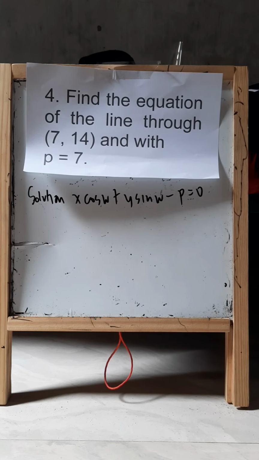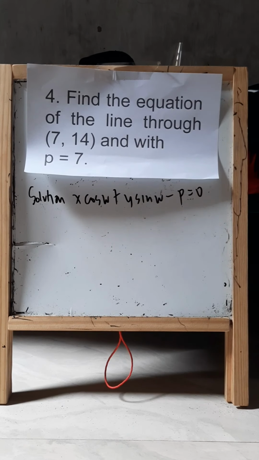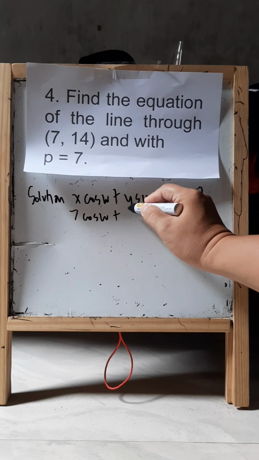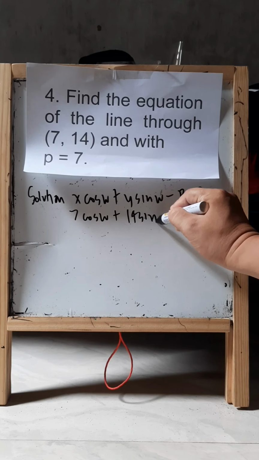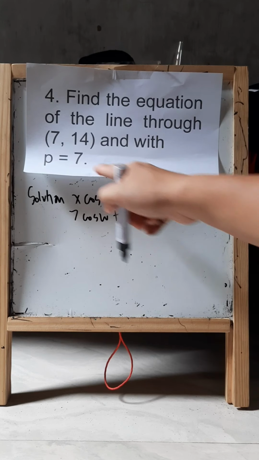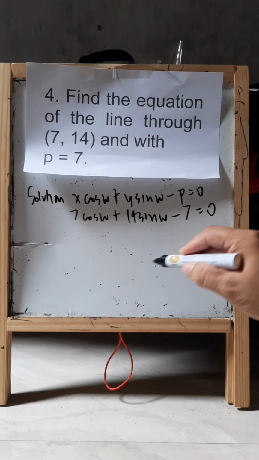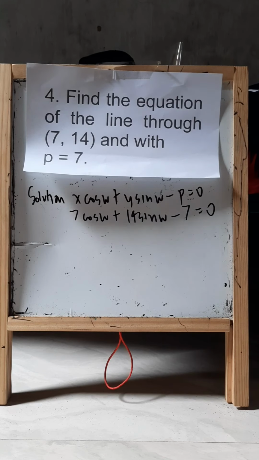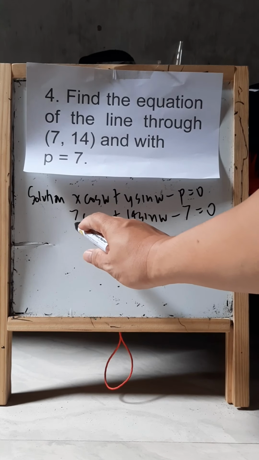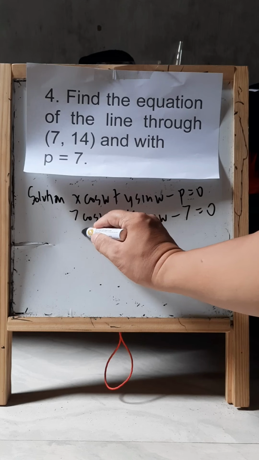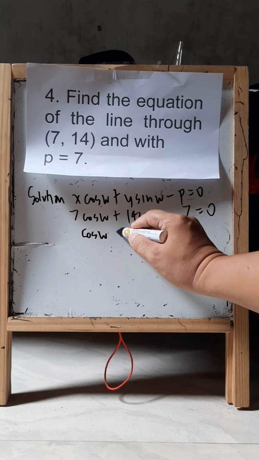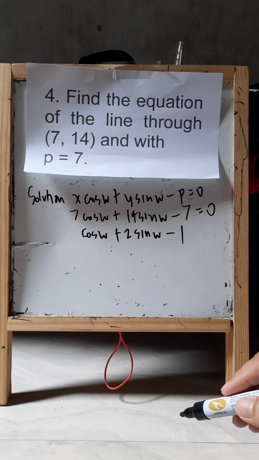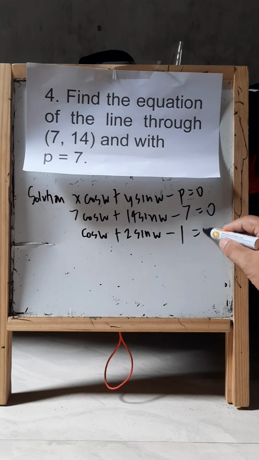Right. So from here, let us substitute x by 7, y by 14, and since p is 7, we have 7 cosine w plus 14 sine w minus 7 equals 0. And if we divide all terms by 7, this equation becomes cosine w plus 2 sine w minus 1 equals 0.